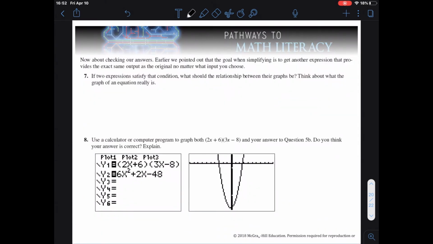Okay. So now we'll think about trying to check our answers. So our goal was to get another expression that gives you the same output regardless of what we pick. So if two expressions satisfy that particular condition, what should the relationship between their graphs be? And really, if they're exactly the same, the output should be equal, so the graphs should be equal.